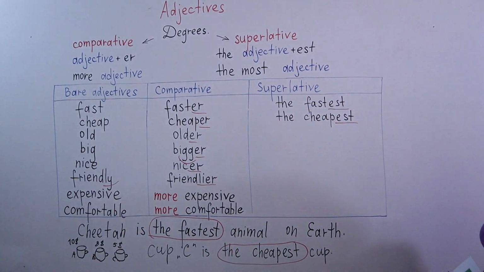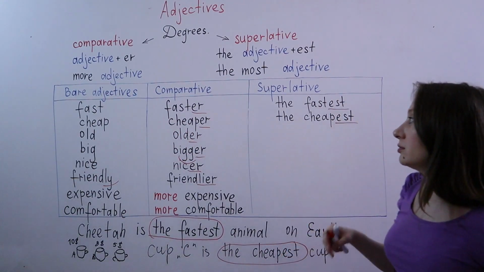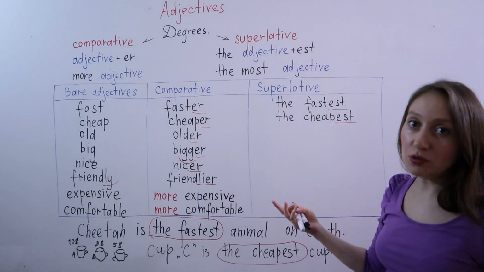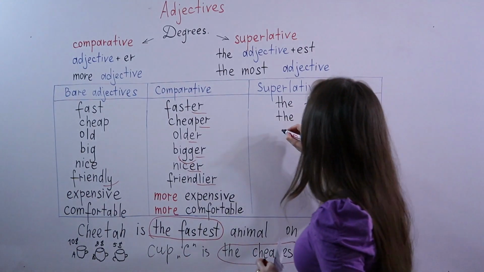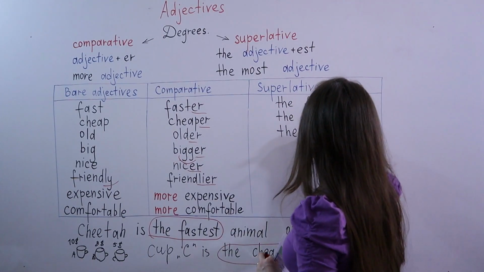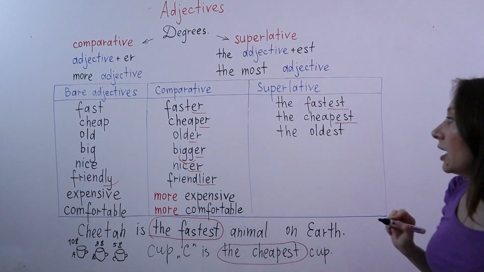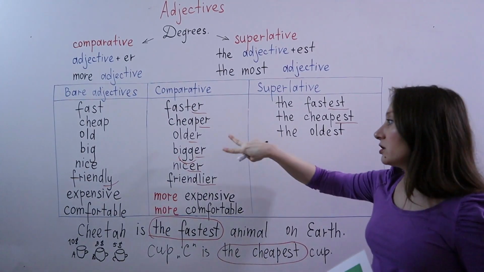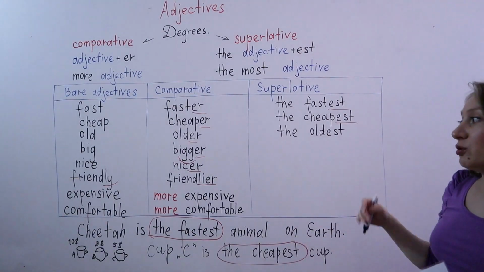All right. The next one, old, older, and the same rule, est, the oldest. The oldest. And let's do the next one more adjective. Big, bigger. And what do you think?